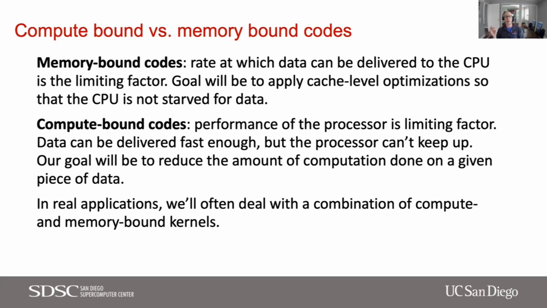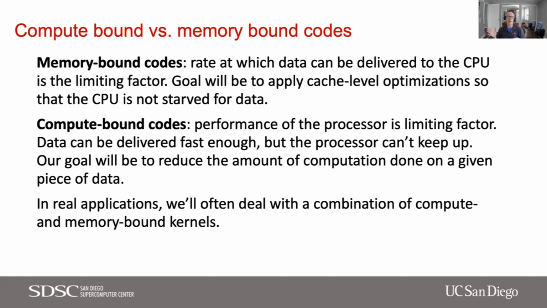In a memory-bound code, the rate at which data can be delivered to the CPU is going to be the limiting factor. When we have a memory-bound code, our goal is to apply cache-level optimizations so that the CPU is not starved for data. For compute-bound codes, the performance of the processor, the clock speed, and the number of math operations it can do per cycle is going to be the limiting factor.